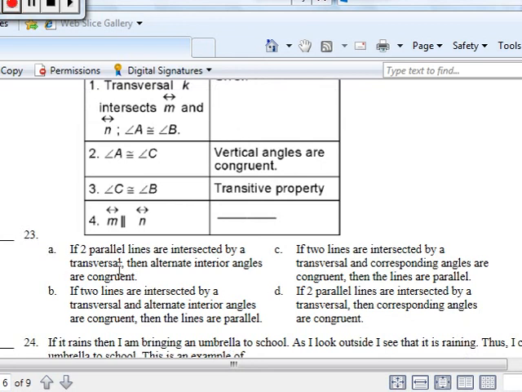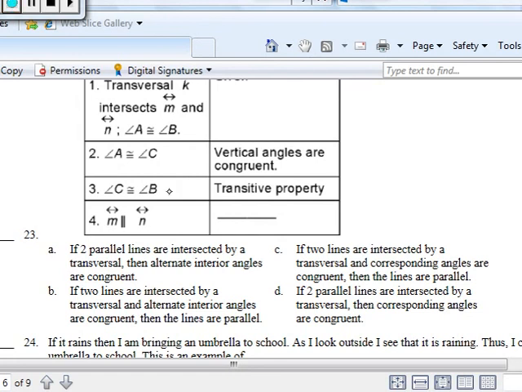Look at this. Okay, here's what not to do. Let me find the not right answer. D. Look at D. If two parallel lines are intersected by a transversal, then corresponding angles are congruent. That's not what we're using. We're trying to prove that the lines are parallel. We're not trying to say they're parallel, so therefore corresponding angles are congruent.